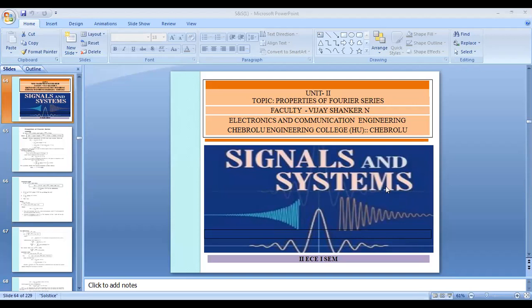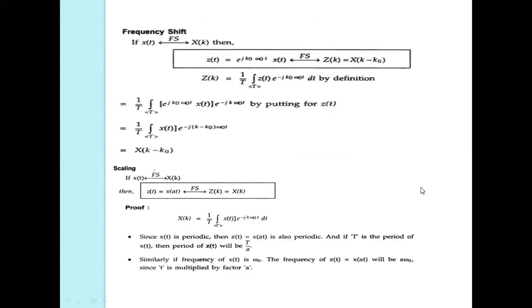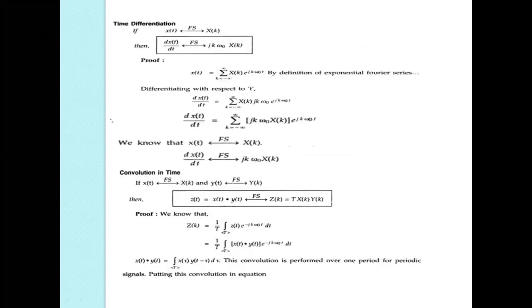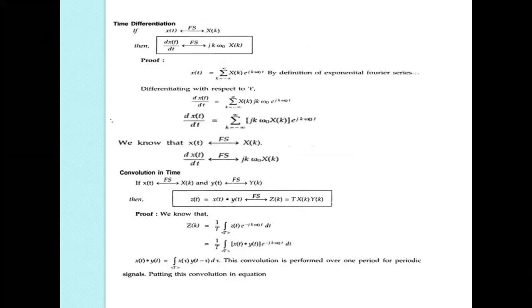Today, we are going to discuss the properties of Fourier series in signals and systems. In the previous class, we already discussed some properties of Fourier series: the linearity property, time shift property, frequency shift property, scaling property, and the time differentiation property.